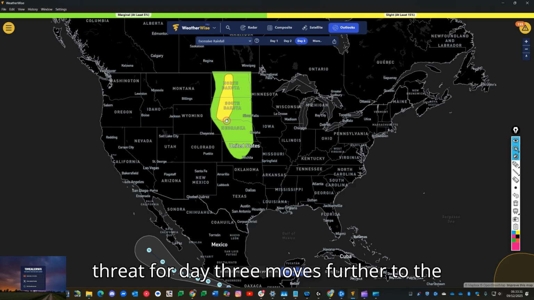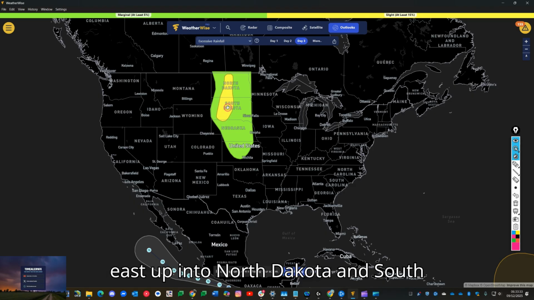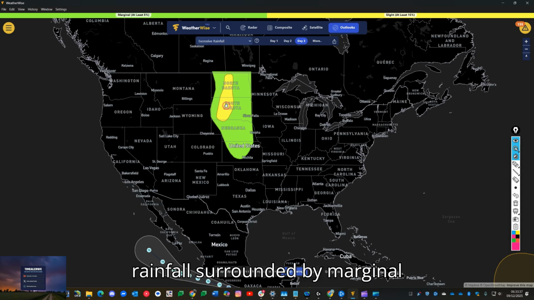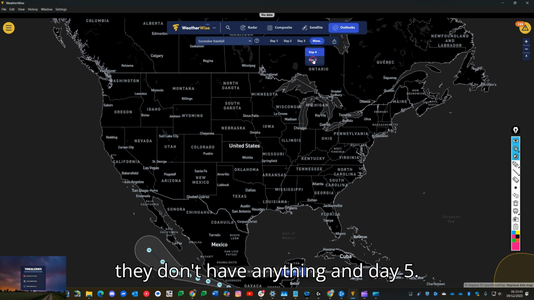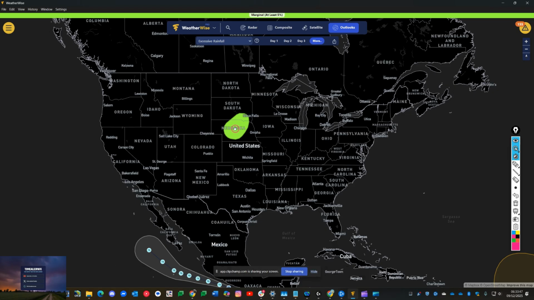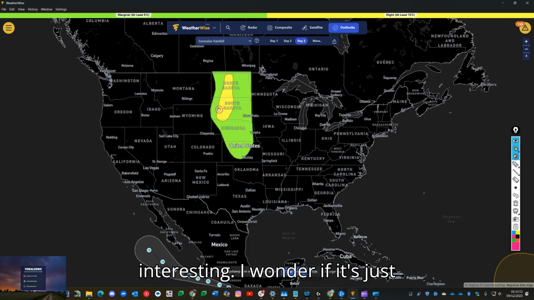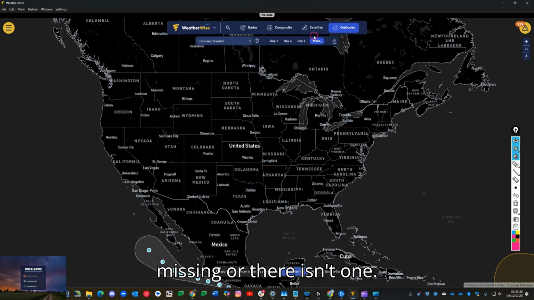The threat for day 3 moves further to the east, up into North Dakota and South Dakota for a slight risk of excessive rainfall, surrounded by marginal risk there. Day 4, they don't have anything. And day 5, there's a small marginal risk into Nebraska, South Dakota. So, interesting. I wonder if it's just missing or there isn't one.